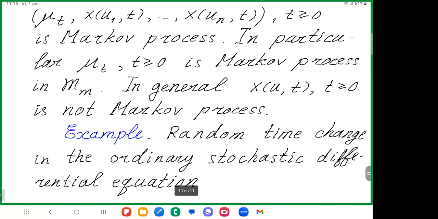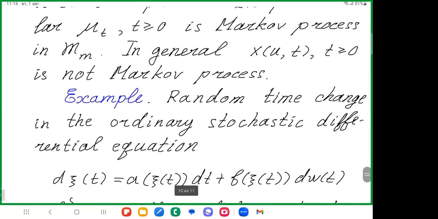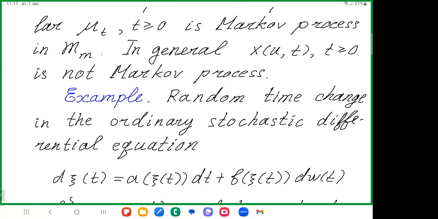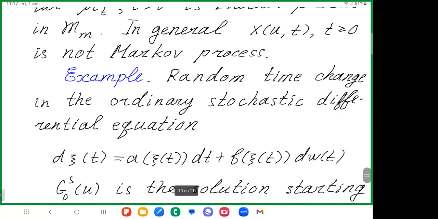I will consider one dimension. Let us consider a stochastic differential equation with good coefficients, smooth enough, with a one-dimensional Wiener process W. Now this stochastic differential equation generates a flow on the space. Let us denote this flow by G 0s. This is the solution which starts from u at time 0.